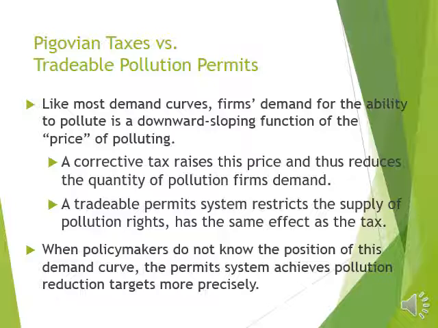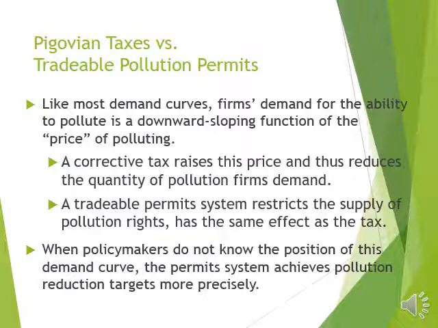So one of the issues that policymakers may have is that they don't necessarily know the position of the demand curve, and so it's very hard to determine how much tax you need to apply to a market to achieve a set goal of pollution reduction.